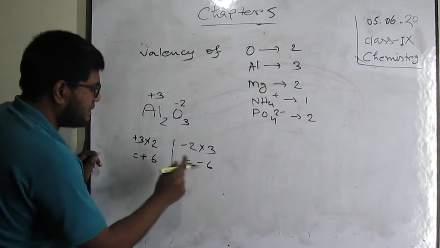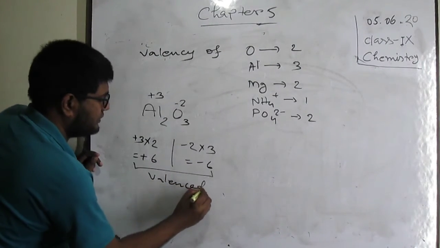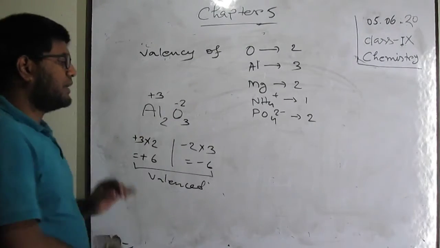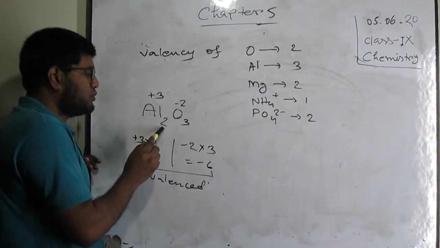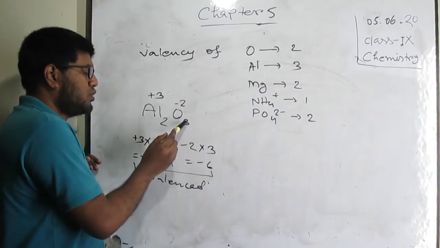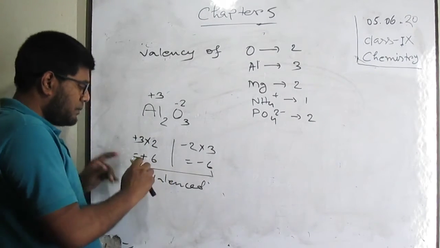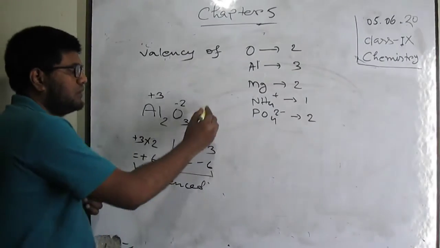So plus 6 and minus 6 balance, that means neutral. That's why this is the formula.